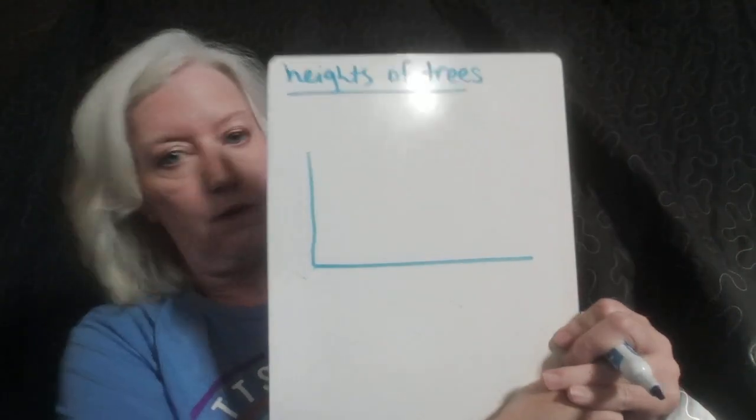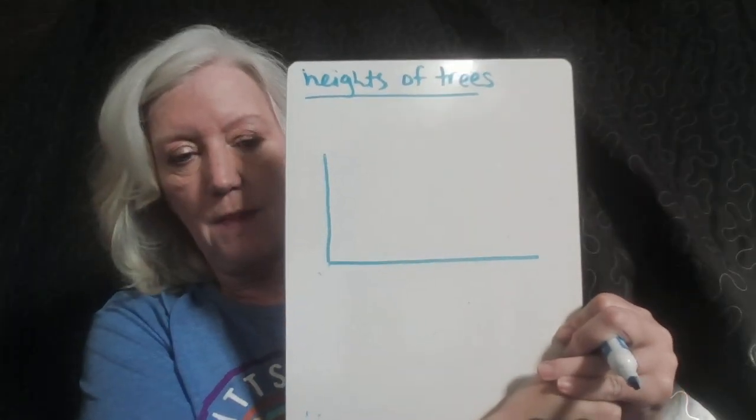Okay, so here I go. I'm now going to transfer these to a graph that we're going to make. It's a histogram. Now my intervals are going to be between 50 and 55, and then 55 to 60, then 60 to 65, then 65 to 70, and then 70 to 75.